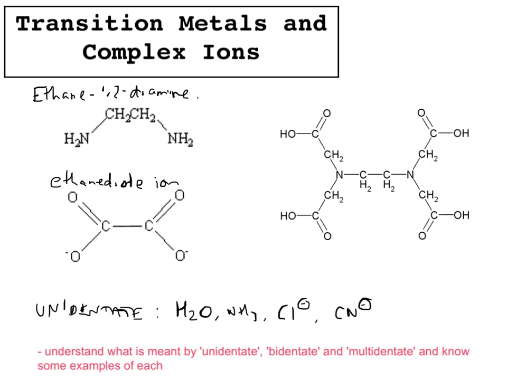You'll see that the top one has 2 nitrogens, each with a lone pair, so it's the 2 nitrogens that form dative bonds with the central metal ion in that case. And in the bottom case, the ethanedioate ion, it's the 2 negatively charged oxygens that form dative bonds. They both have a lone pair as well. So both of these are known as bidentate ligands.